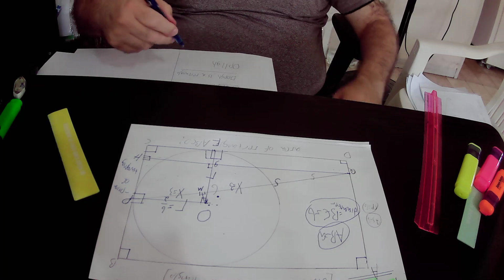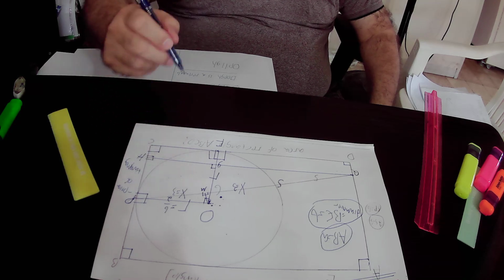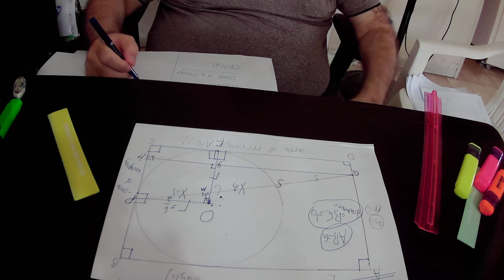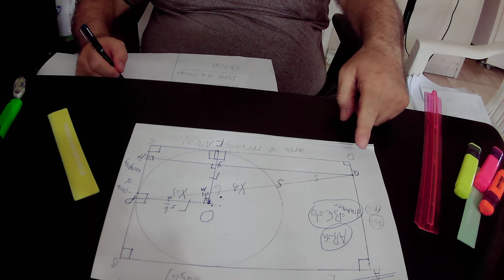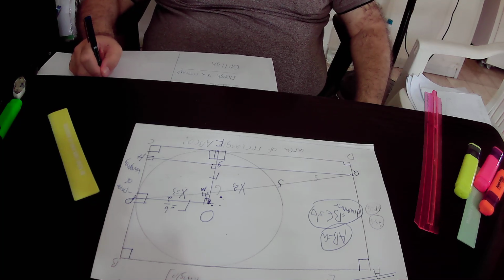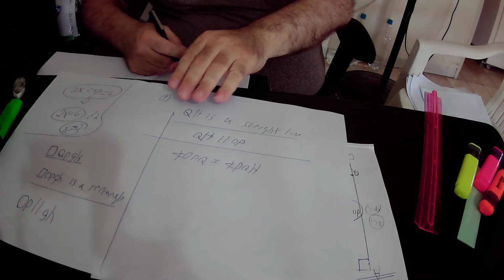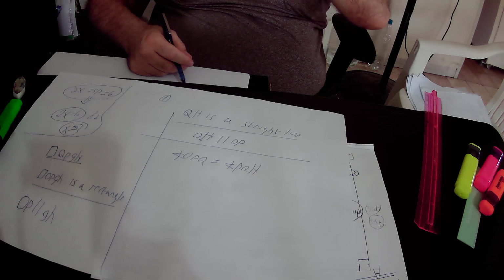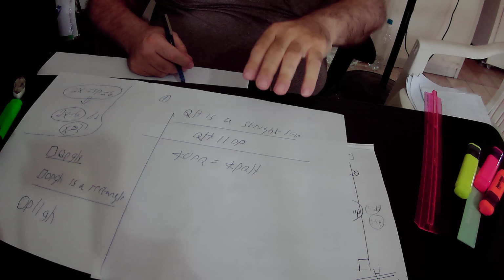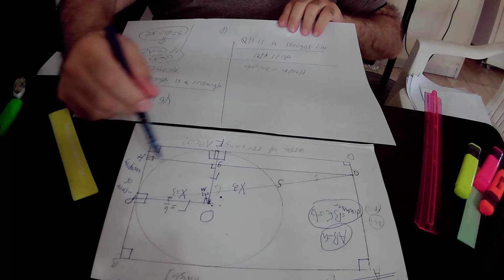So here, angle OPQ, this angle, is equal to this angle, that is angle PQH. Those two alternating angles are equal to each other because they are located between the parallel lines OP and QH.